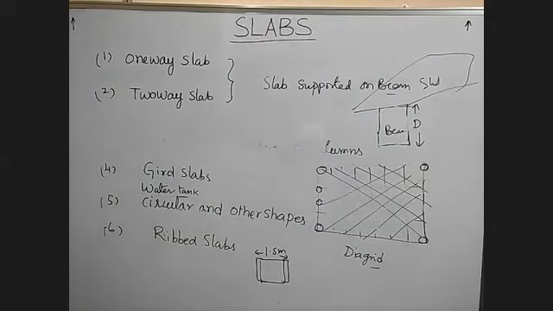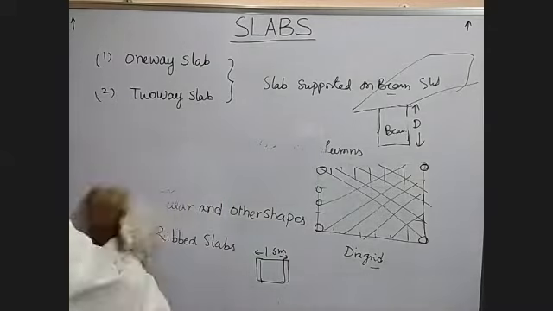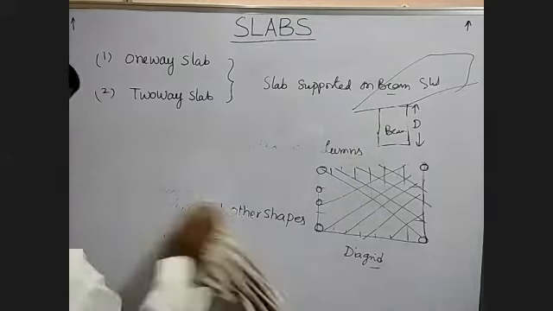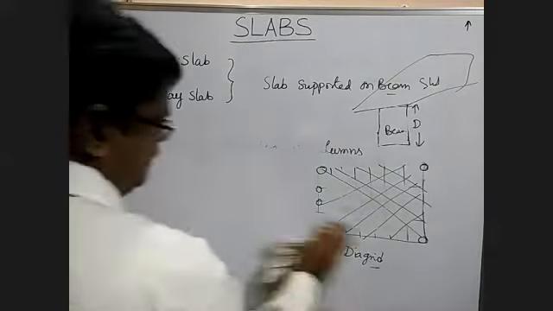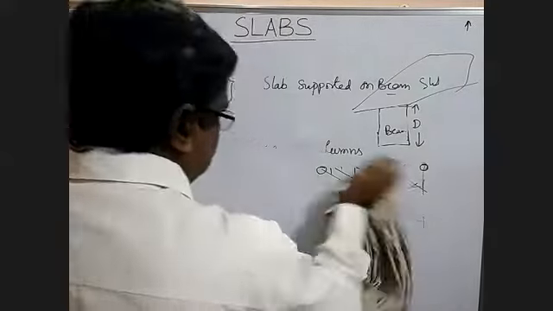So in total you have 5 to 6 types of slabs, but at present we have only one slab. Now we'll study this normal slab.